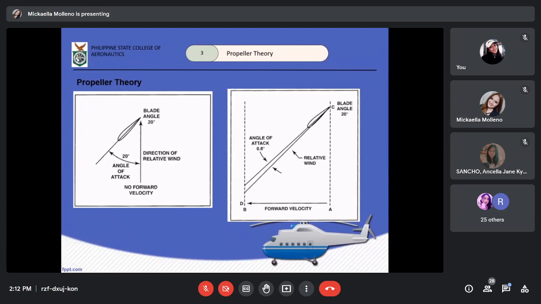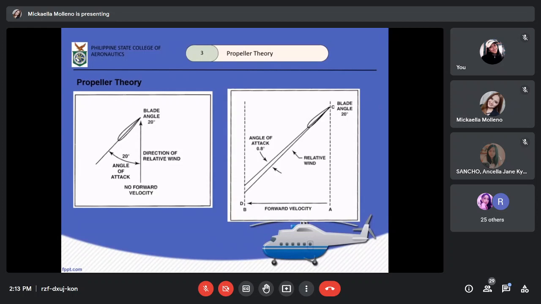Bakit? Kasi going back dun sa vectors na pinakita ko kanina, wala tayong magiging vector for velocity kasi nga, stationary siya. So, yung direction ng relative wind will be exactly opposite to the rotational movement of the propeller. So, as you may see there, kapag walang forward velocity, same lang sila.